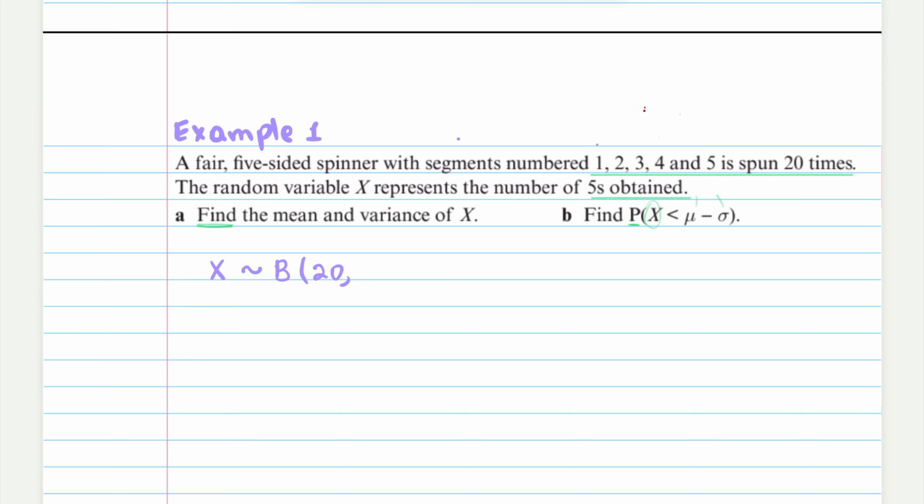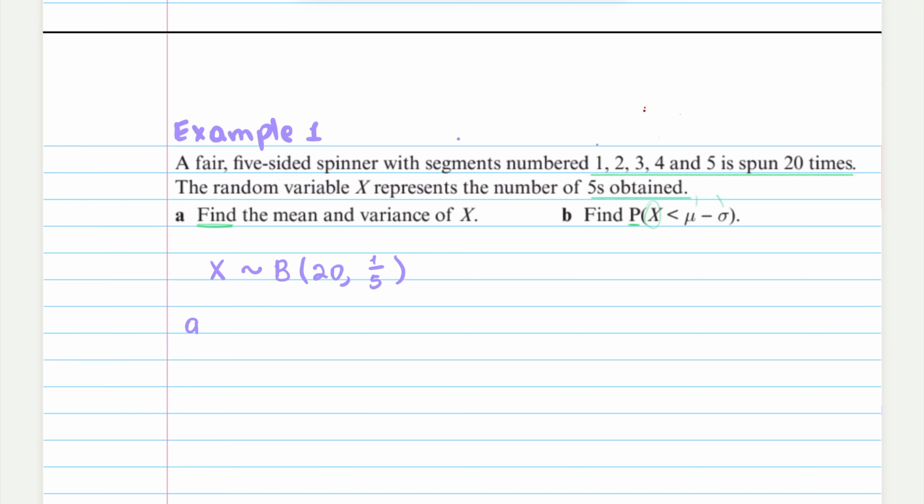That means the probability of getting 5 is 1 over 5, because we have 5 sides or segments, and that's a fair spinner, so the probability of getting 5 is 1 over 5, as with the others. We're talking about getting a 5 because they say 5s obtained.